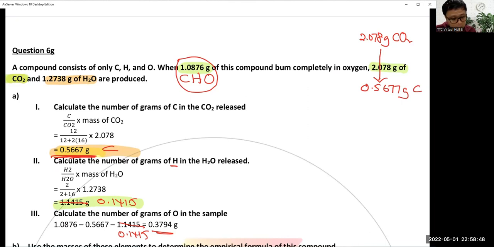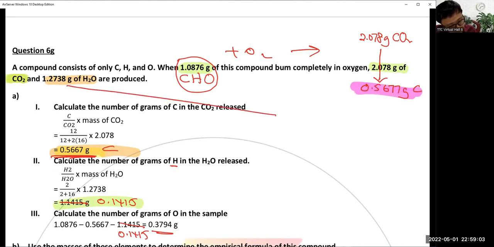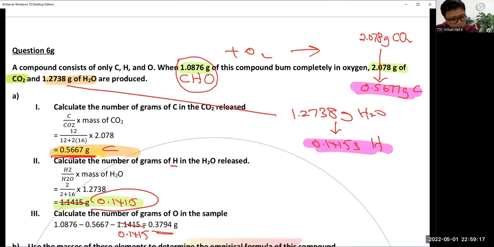So technically, when you burn it in oxygen, you produce this much carbon dioxide gas, and this is the amount of carbon in it. Then we also produce 1.2738 gram of water. Out of this, about 0.1415 gram is hydrogen.